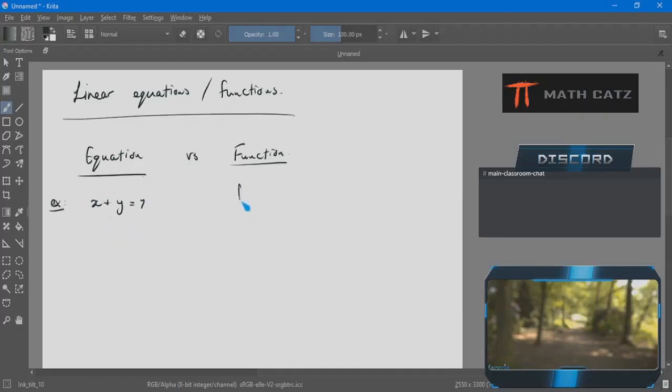Whereas with a function, I want to see an input leading to an output: 7 minus x in this case. Now this guy over here, curly bracket, is equivalent to y.